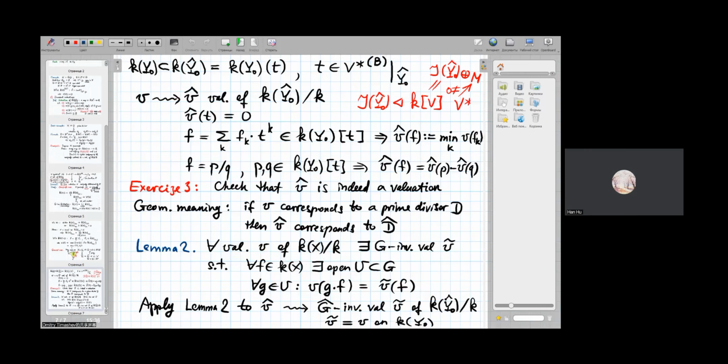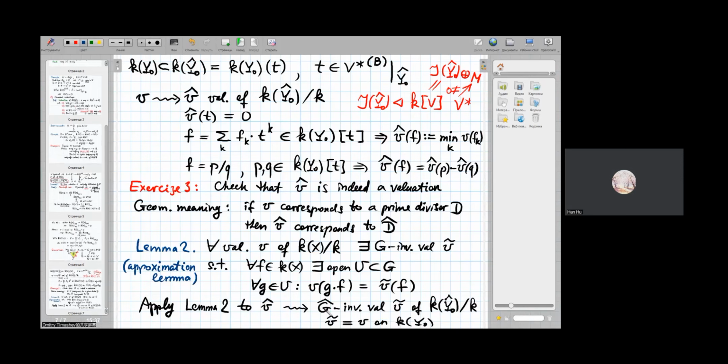Let me write it here. Approximation. I mean, Professor, we are constructing a G invariant valuation from the linear function, right? No, we are not. We are recovering it from a linear function. Yes, we are recovering it from a linear function, but I think applying lemma 2 to V hat is just like the opposite. We already have a G invariant valuation, and we apply this to.